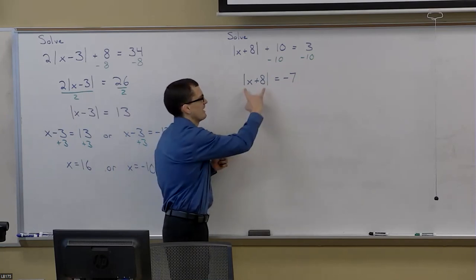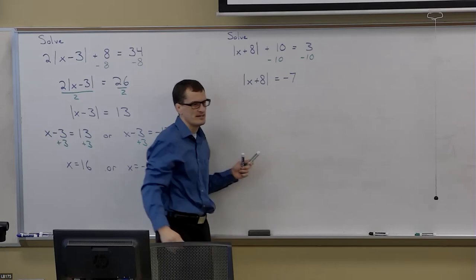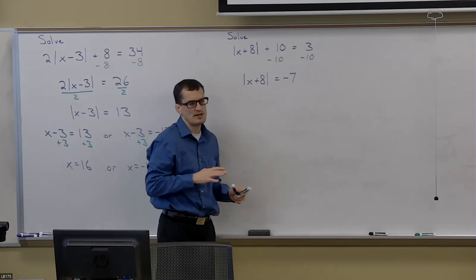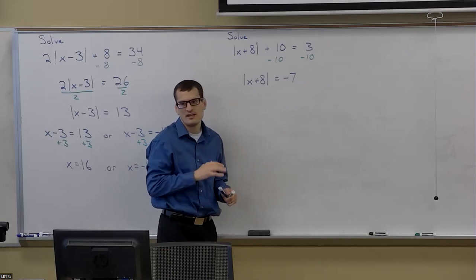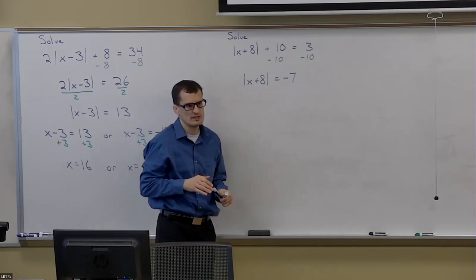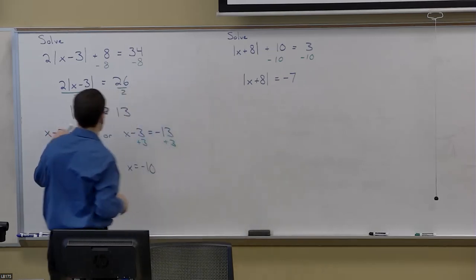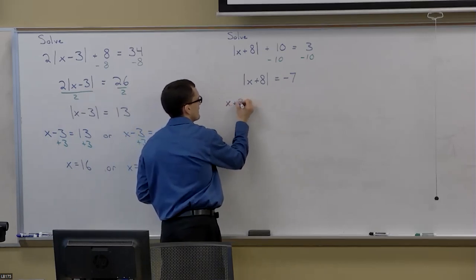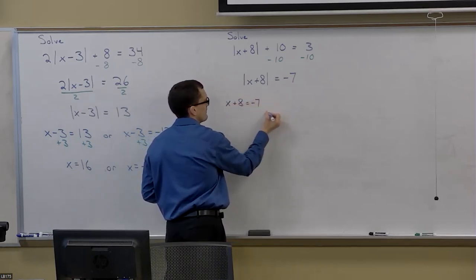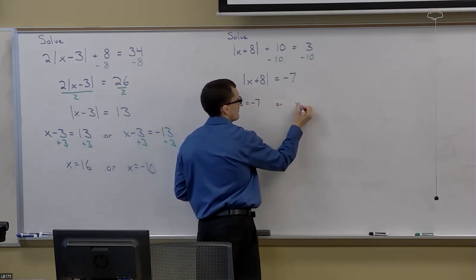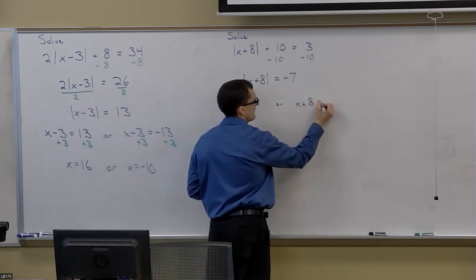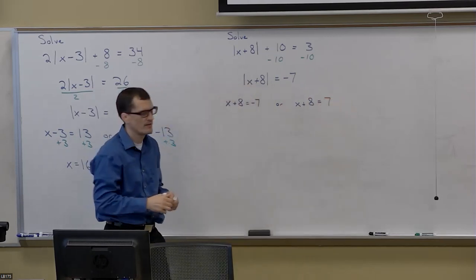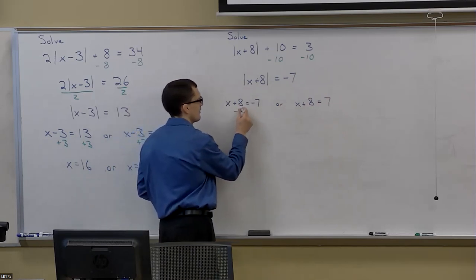We have absolute value of a number equaling a negative. And therefore, we could stop right there and say, that's never going to give me a solution. If you did happen to go through the procedure of using x plus 8 is equal to -7, or x plus 8 is equal to the negative of -7, +7, you could have done that as well, and then solved.